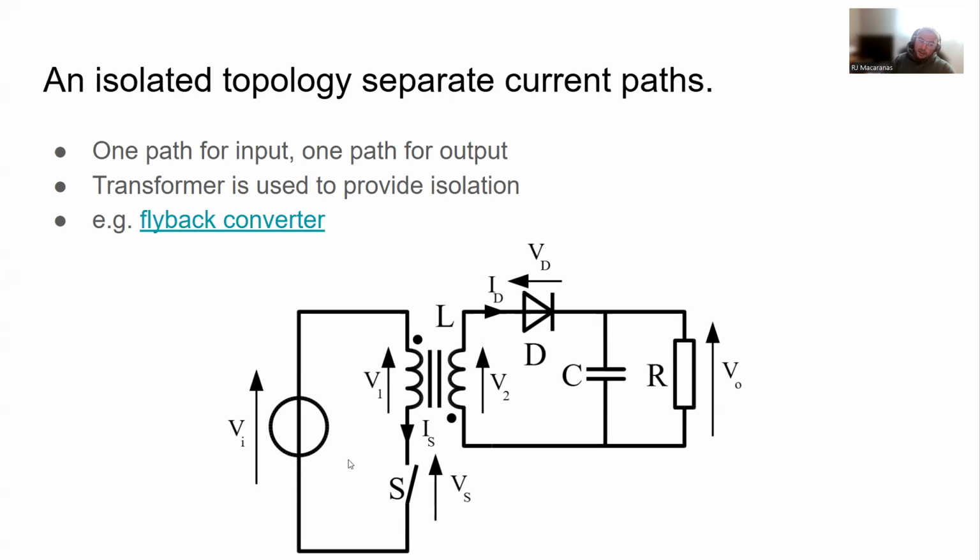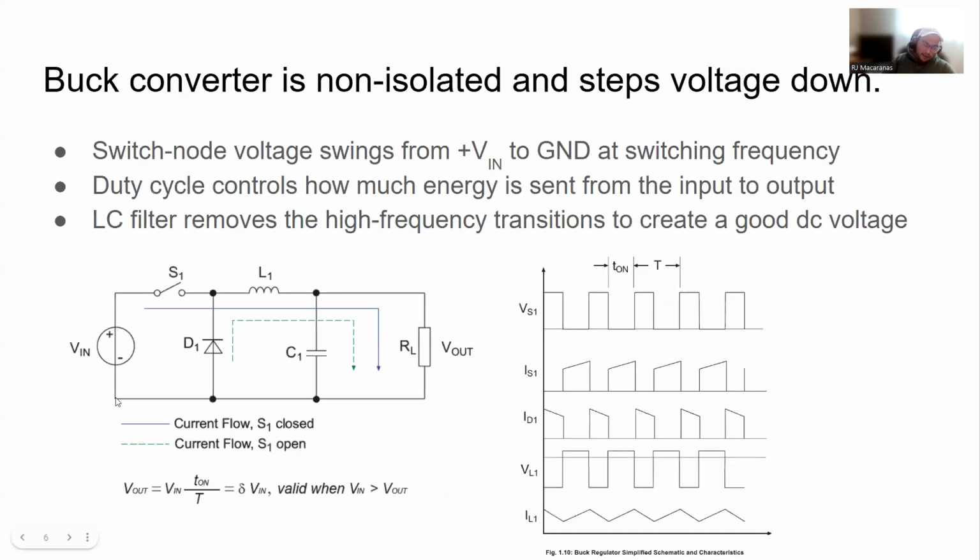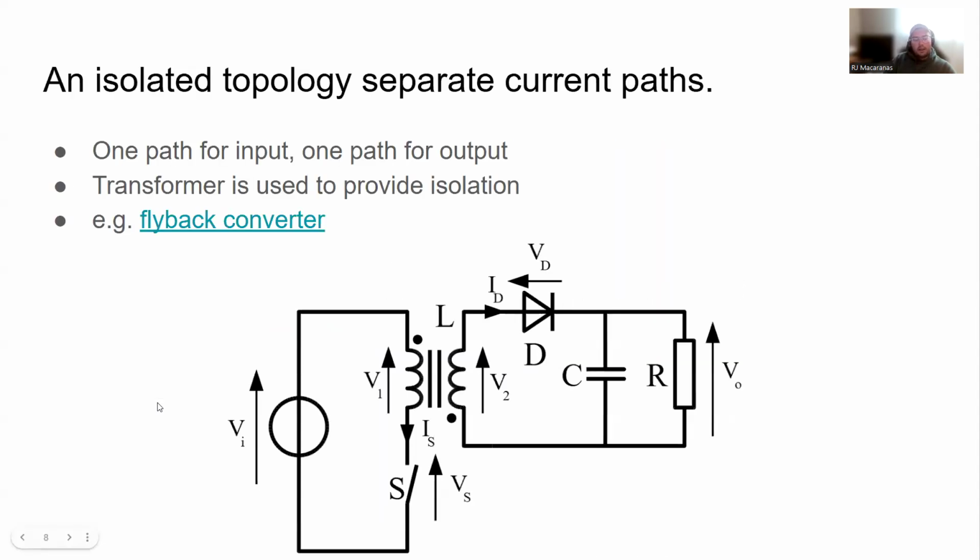And this is an isolated topology because there is a separate path for the input current and for the output current. And again, if we look at the buck converter, the input current is not isolated from the output current. They have the exact same return path, or this ground node here, right? Everything is going back to ground. But here we effectively have two different grounds. Hence, this is isolated.